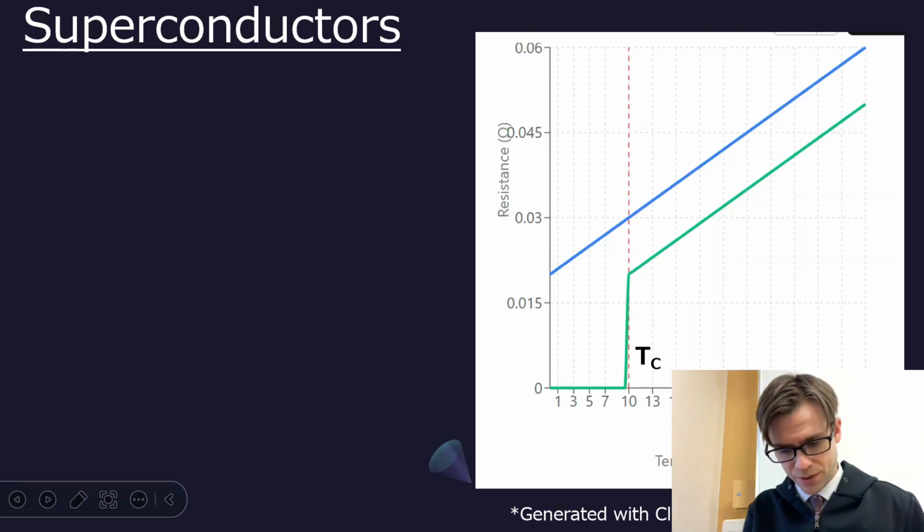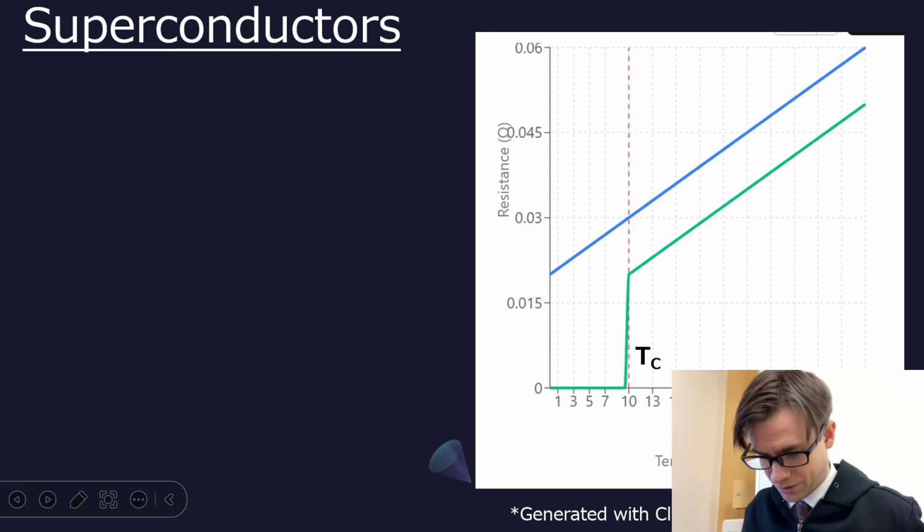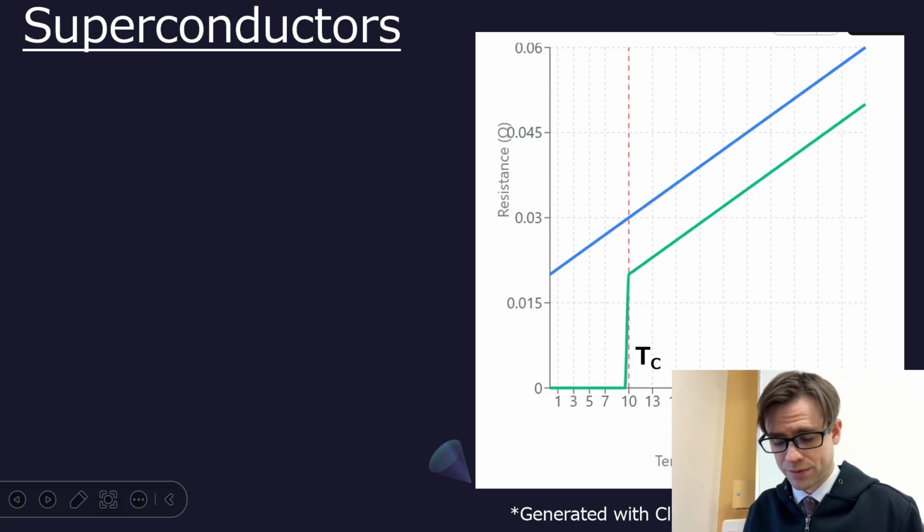You guys might have heard of superconductors. This is also a thing that exists. So again, I have a graph of resistance versus temperature here. I have this same straight line with a slope that I've showed on a previous slide. But then we have a superconductor, superconducting metal.